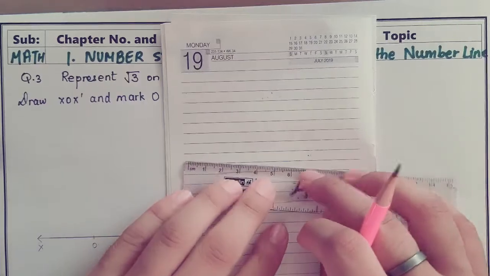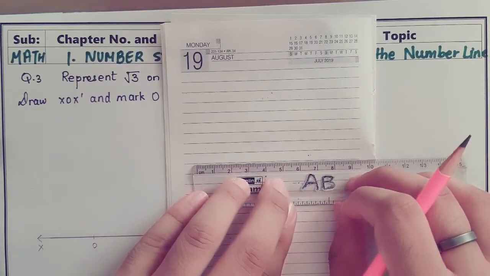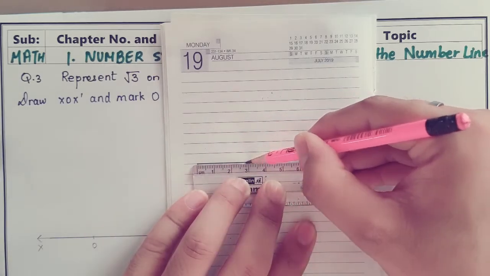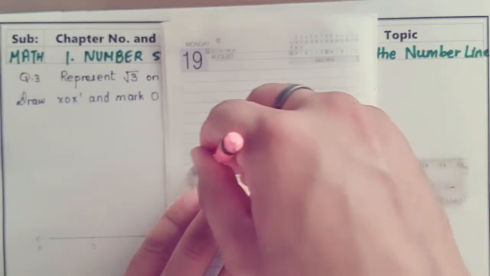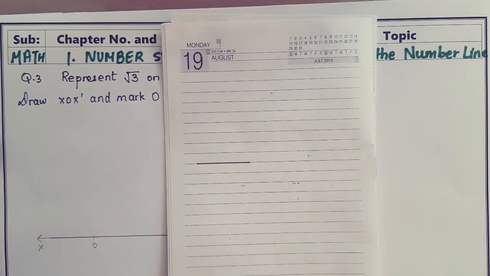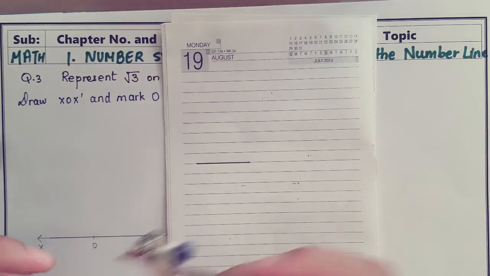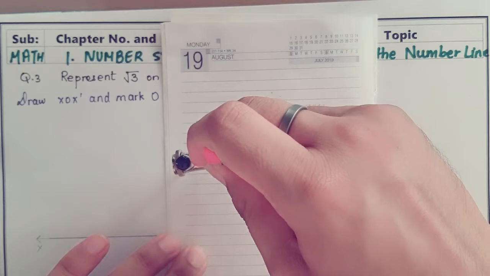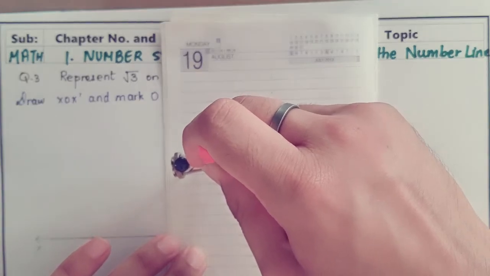I am taking 3 centimeter as 1 unit. Then I'll be teaching you how to construct a perpendicular. If you have a protractor, you can use that. See, take 3 centimeter as 1 unit.